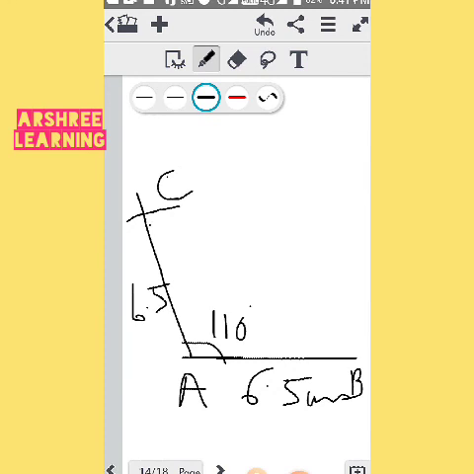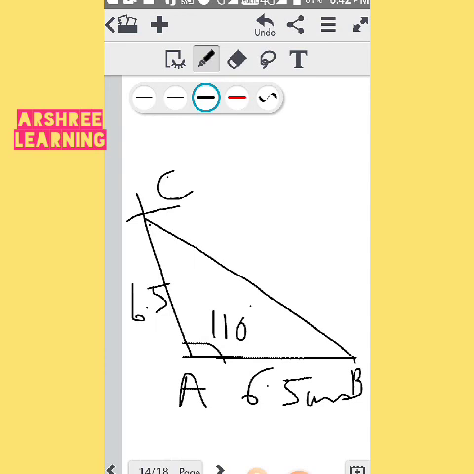This becomes an isosceles triangle. AB is equal to AC. The two lengths are both 6.5 and the angle between them is 110 degrees. So this is how the construction will be done by making AB is equal to 6.5. Angle A you will make with protractor 110 degree and then you will cut arc AC is equal to 6.5 and join BC.